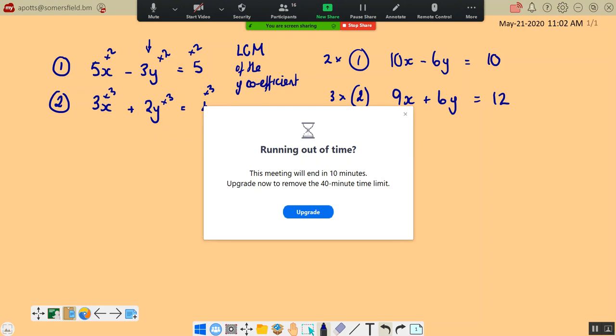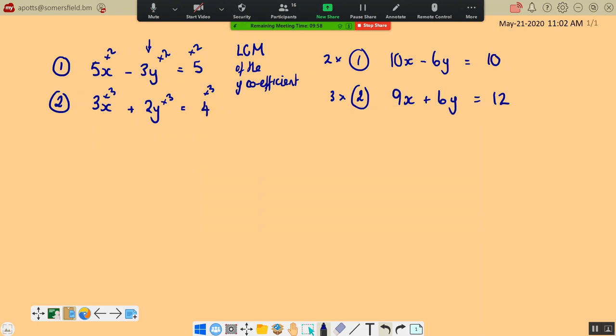We've got 10 minutes left. What could we do? Times equation 1 by negative 1. Yeah, or even back to the start, we could multiply it by negative 2 instead, yeah?